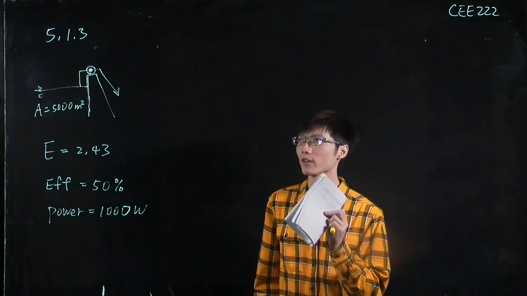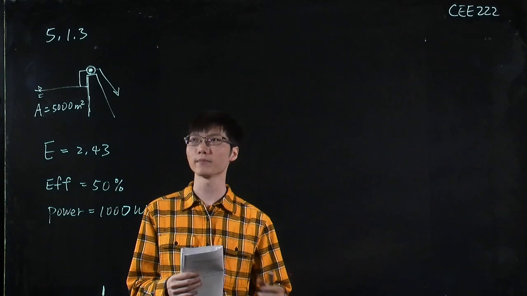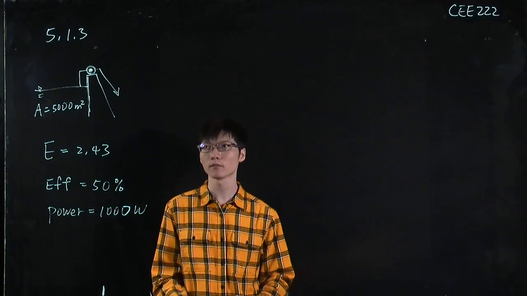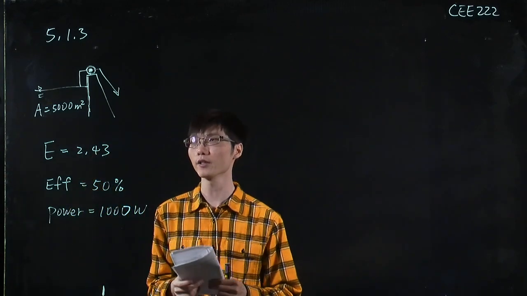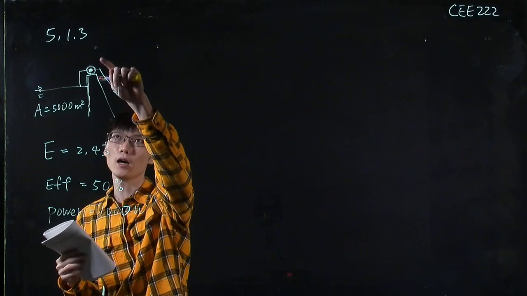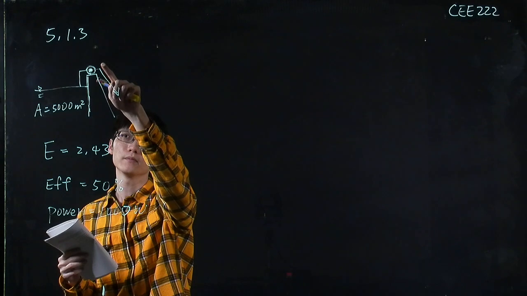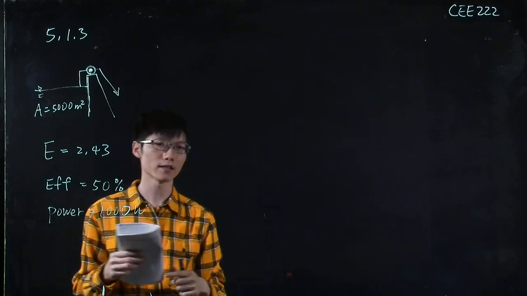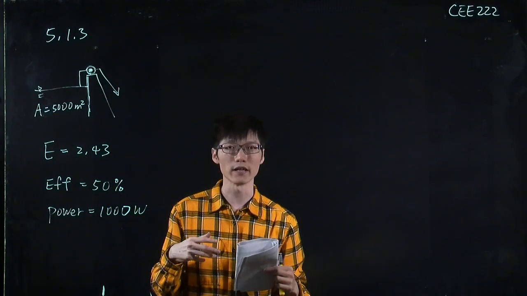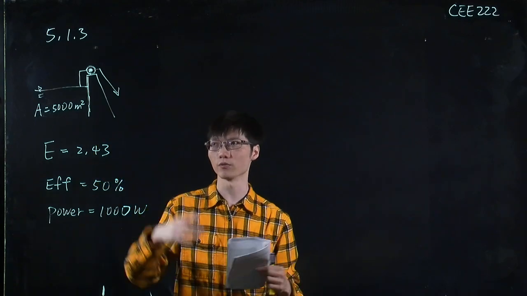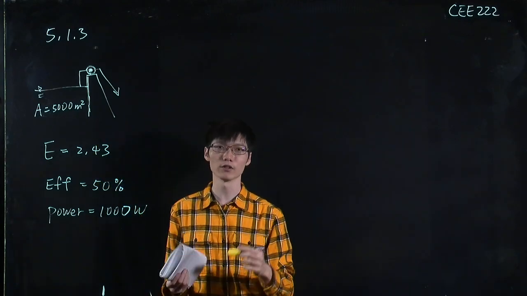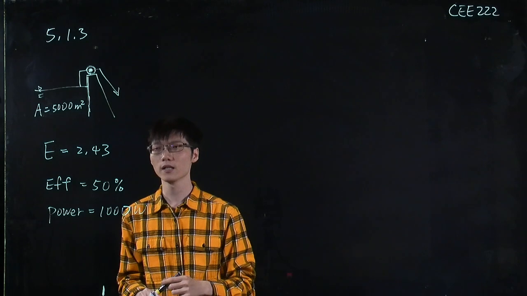Okay, now let's look at problem 5.1.3. The question is that we have the earth dam shown here, and we have a pump to suck the water up and drain to the downstream to prevent the overtopping issue if the water level is too high in the reservoir.